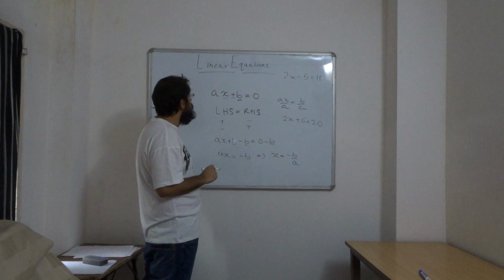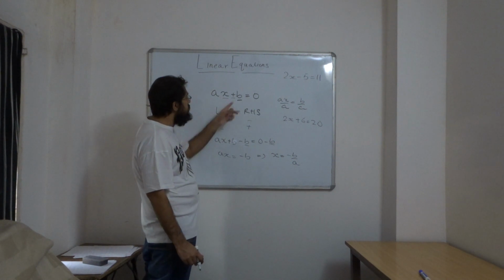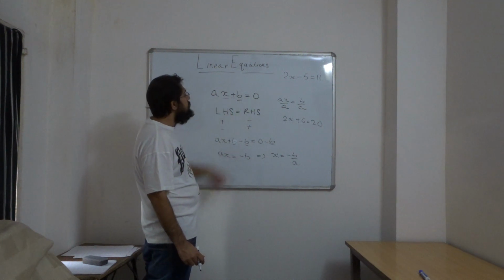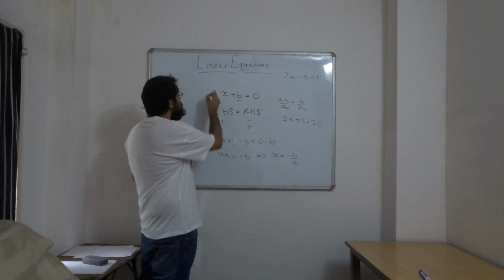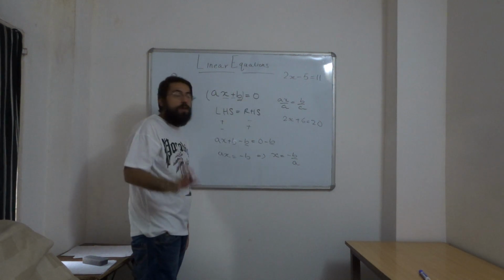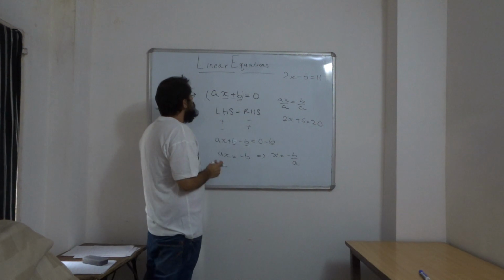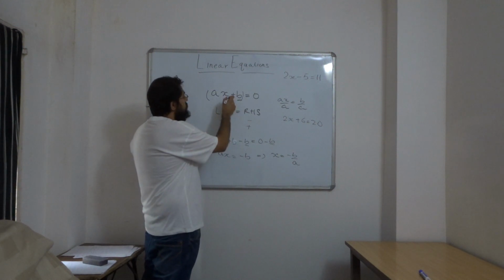Now, what I was telling you is that whichever sign is in the expression or the operation, and by the expression I mean this part here, not the whole equation. In this expression you have plus.